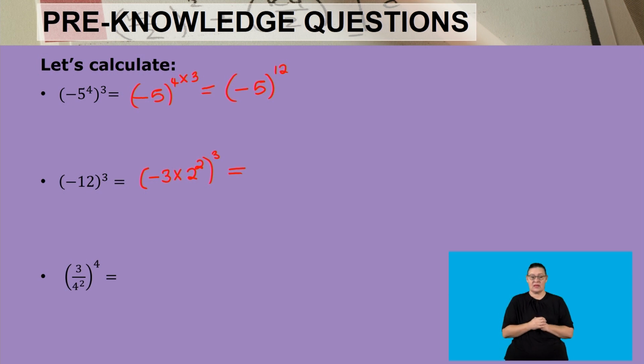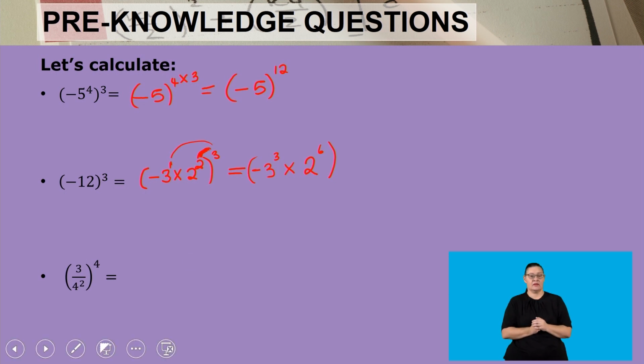Well, each exponent within the product will multiply with the exponent that it has been raised to. So that 3 will multiply with that 1, giving us a negative 3 exponent 3, because 1 times 3 is 3, and that is going to be multiplied by a 2 exponent 6, and that 6 comes from 2 multiplied by that 3. That is going to be our answer for that one.